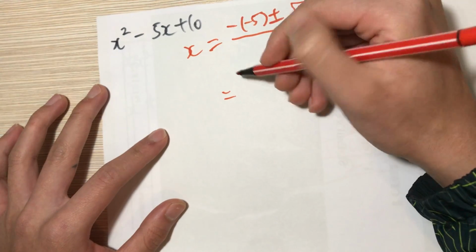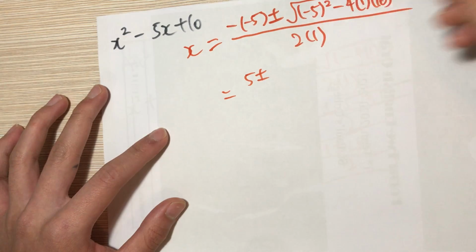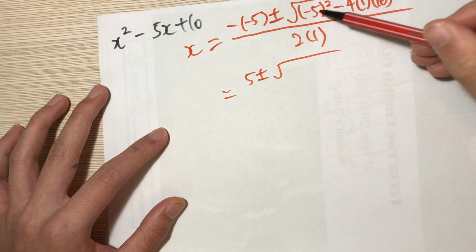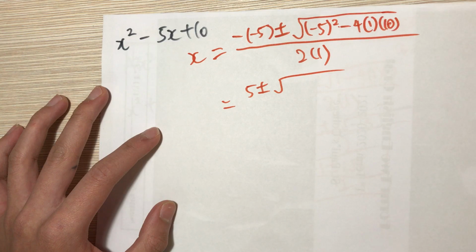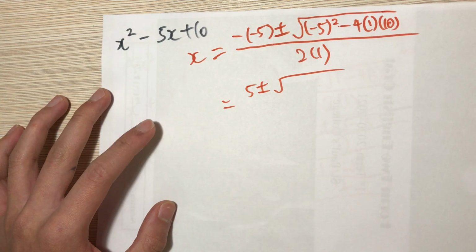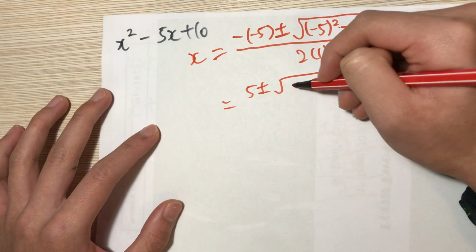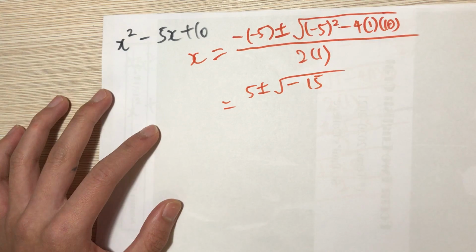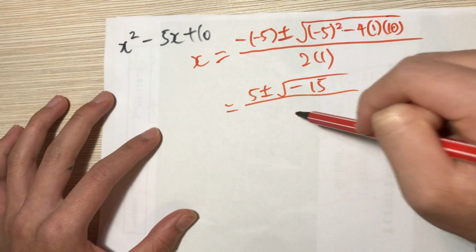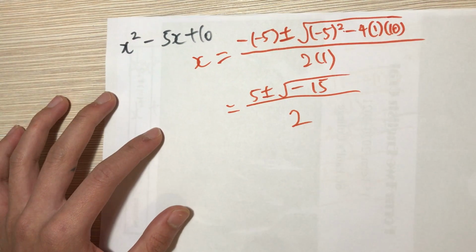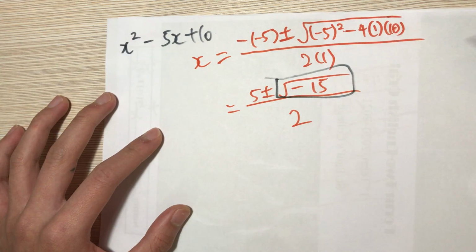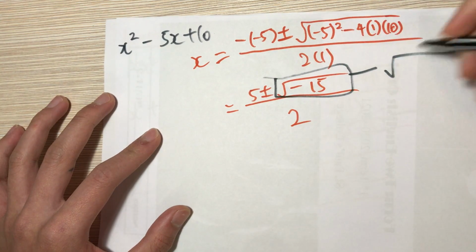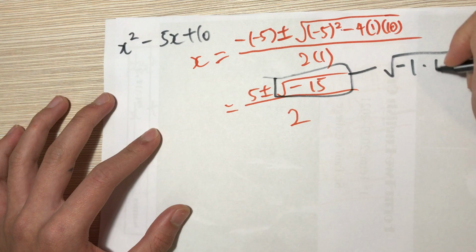Now negative becomes positive, plus or minus the square root of 25 minus 40. 25 minus 40 is just -15, and then over 2. Now remember, we have to split out the square root term into the square root of -1 times 15.